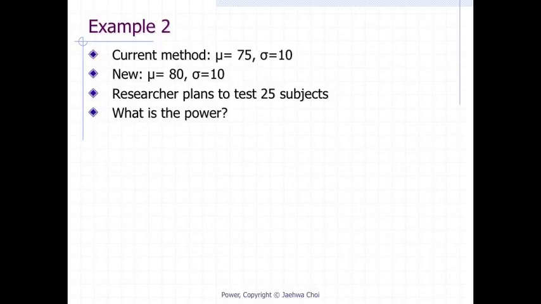The researcher plans to sample 25 subjects and do a one-tailed test of whether the population mean is significantly higher than 75. What is the probability that the researcher will correctly reject the false null hypothesis that the population mean is 75? In other words, what is the power?